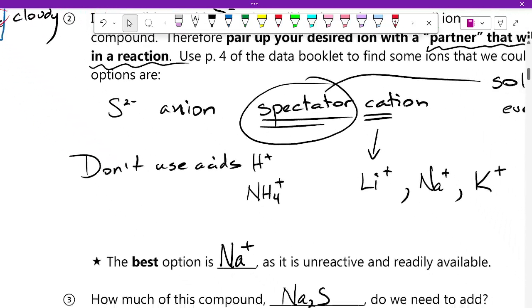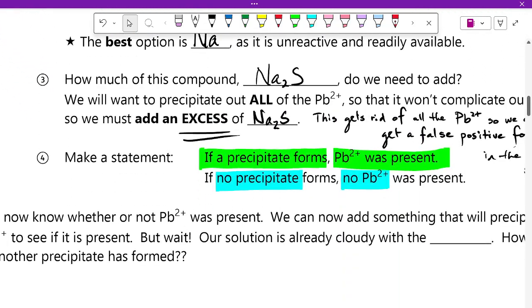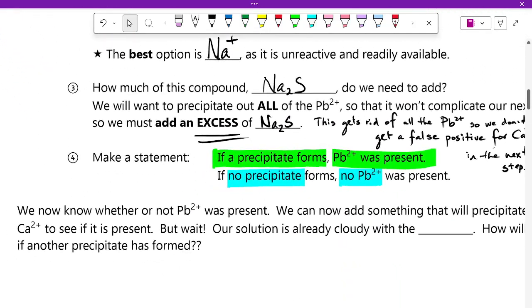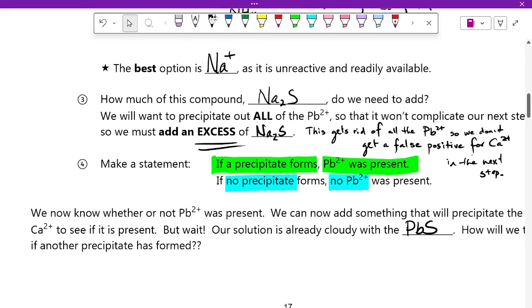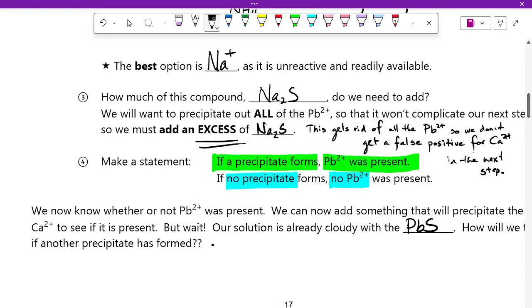So we need something. Our solution is cloudy with the PBS. How will we tell if another precipitate is formed? We need to get rid of the cloudiness.